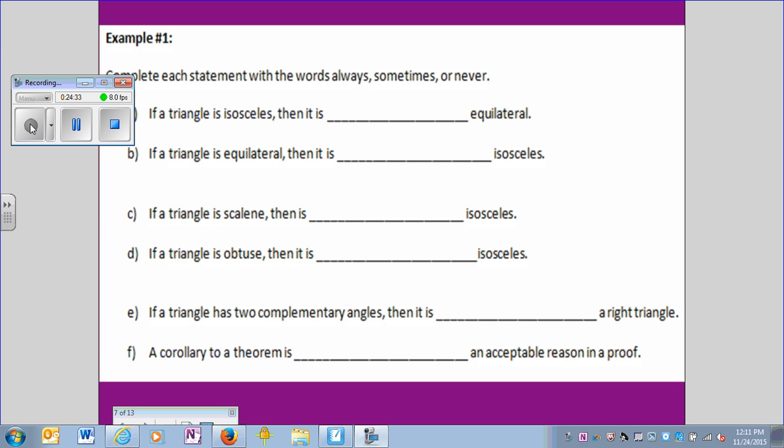Sometimes. When? It's equilateral when it has 3 congruent sides instead of just 2. Because remember that the definition of isosceles is 2 or more. So if you have 3 sides congruent, you're still isosceles.